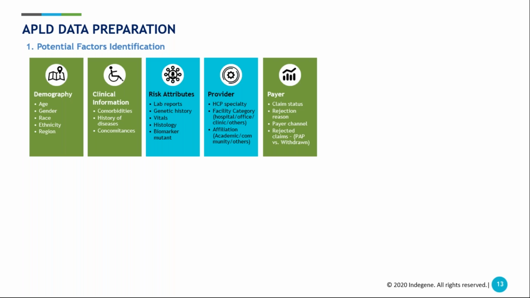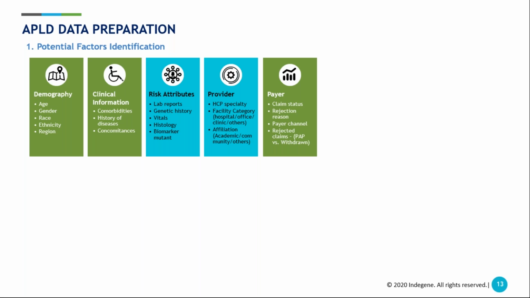At first, we jotted down the various information that we can get from the data, starting from patients' demographic details like age, gender, race, and ethnicity, to patients' clinical information like their comorbidities, concomitant drug usage, history of diseases, lab reports, and histology or genetic history, their provider specialty who is treating or diagnosing them, the location, as in the kind of facility where they are receiving the treatment, their payer channel like Medicare, Medicaid, or commercial, the claim status, and if it is, let's say, rejected, then what exactly the rejection reason is.